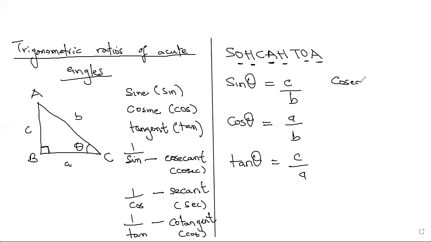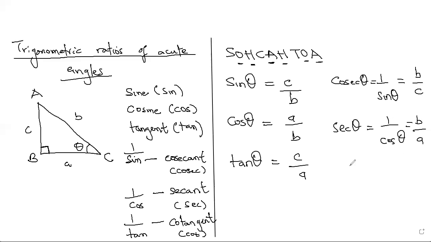So for the reciprocals, cosec theta, as I said, is equal to 1 over sine theta, and that will be equal to the inverse of this, which is B over C. And sec theta will be 1 over cos theta, which is the inverse of this, B over A. And cot theta will be 1 over tan theta, and that will be A over C. Okay.